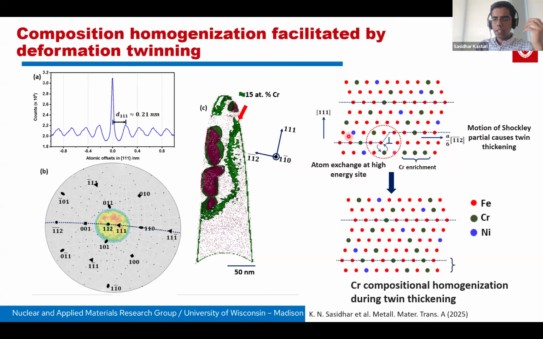If the Shockley partial glides through this region, you can eliminate the chromium concentration gradient. That's just a schematic representation for the purpose of understanding.